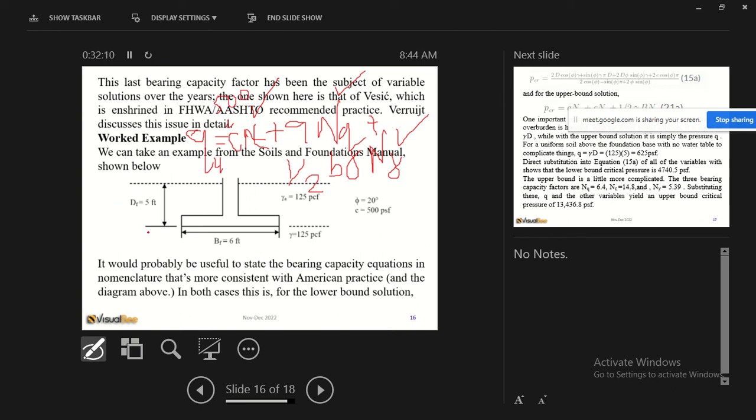Q I have told you, so DF there is 5 feet, so Q would be, someone give me the formula for Q, just to make sure we are communicating. Sometimes I might assume we are communicating, but I'm speaking to myself. So please, someone, how do you calculate Q, the actual figures?